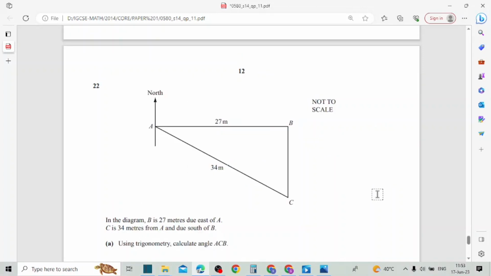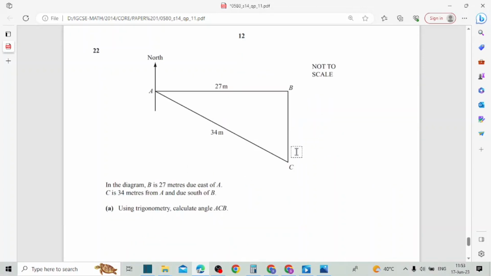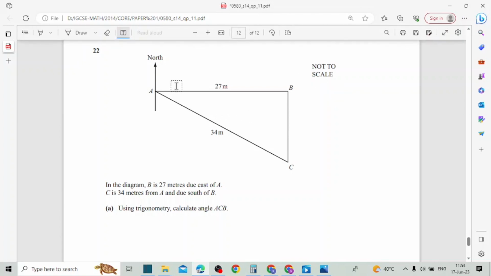Now, question number 22. Here is a figure, not to scale. This is north, south, east, and west.